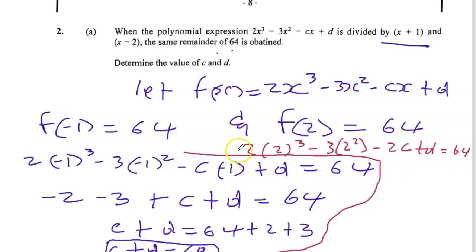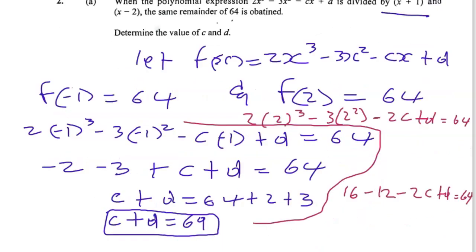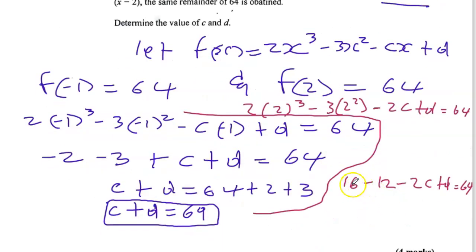So this should break down now. 2 times 2 cubed: 2 cubed is 8, 8 times 2 is 16. 2 squared is 4, times minus 3, that's minus 12. Minus 2c plus d equals 64. So I'll put minus 2c plus d over here and group everything over here.